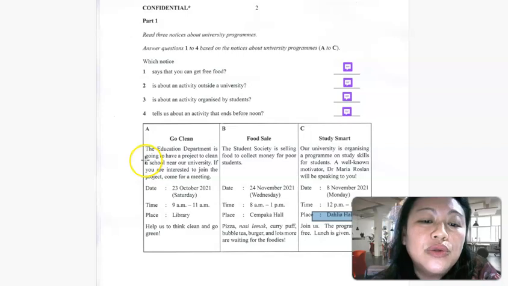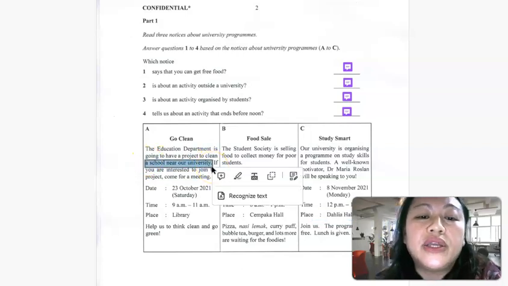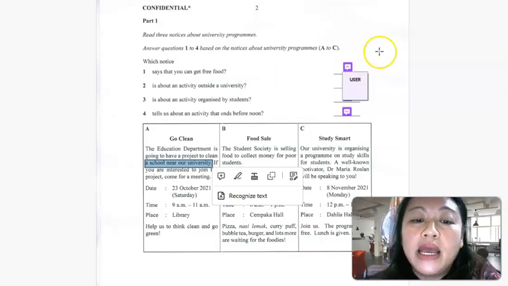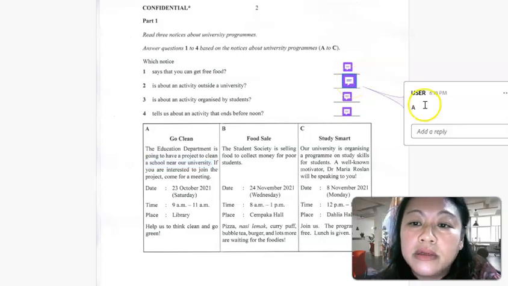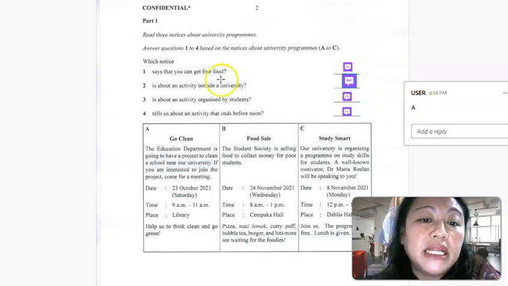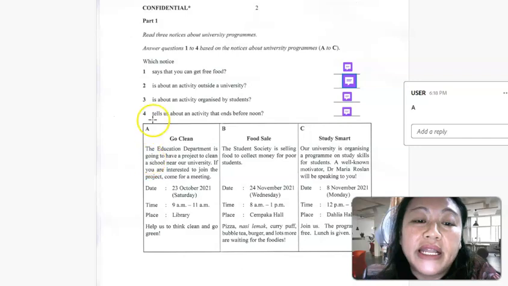Clean a school near our university. So definitely this is outside of the university campus, and therefore the answer is A. So do not immediately choose the places according to the obvious answers, right? You might have chosen something else, yeah, but you have to read carefully to identify the evidence.